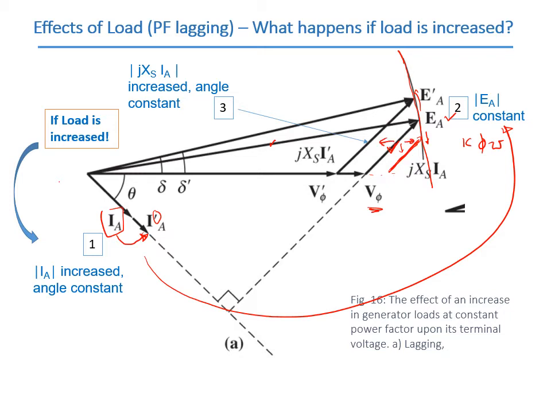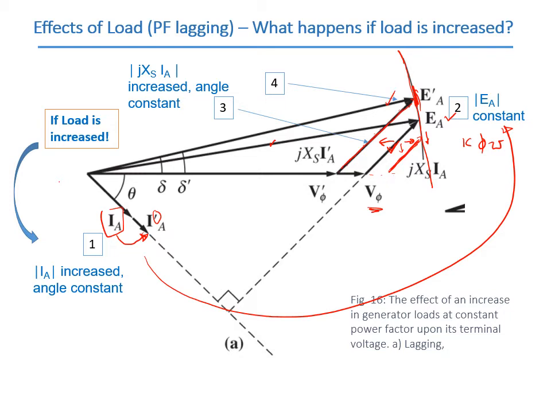Okay, and we get that this is the new jXsIA, which is longer, and still the end of it is meeting the arc, which is the limit of the length of EA, and therefore this is the new EA that we get. It's number 4 here.